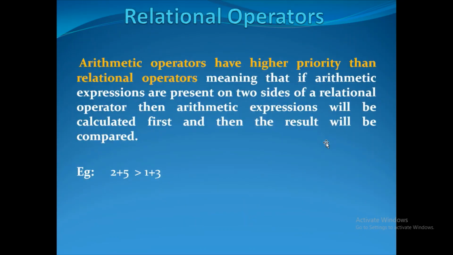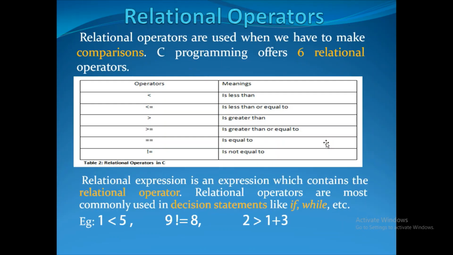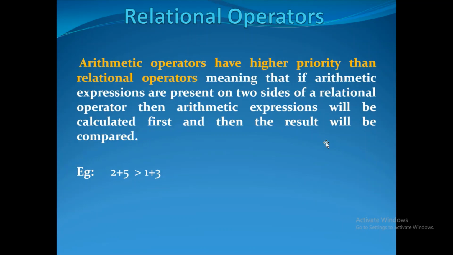Okay. Next, the concept here is arithmetic operators have higher priority than the relational operators. What is the meaning of this higher priority? The meaning is that if arithmetic expressions are present on two sides of the relational operator, then the arithmetic expression will be calculated first and then the result will be compared. Okay, that is very important.